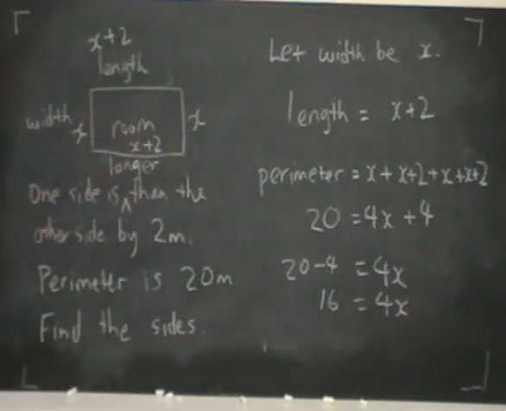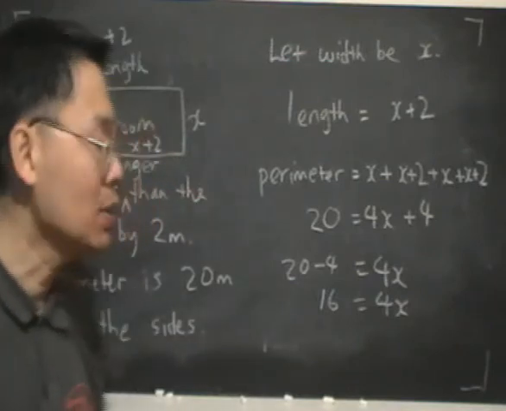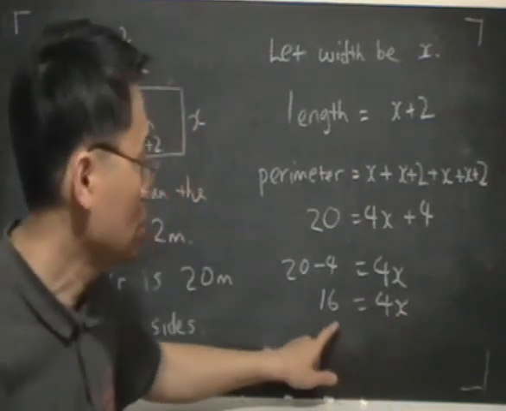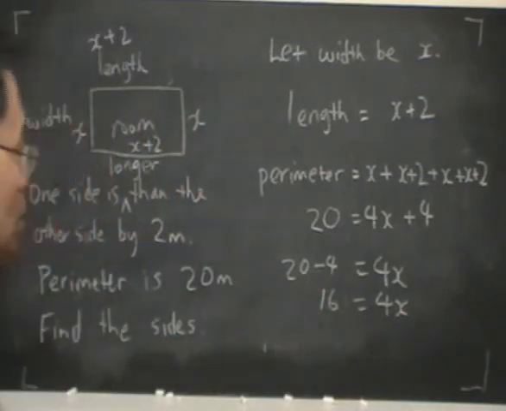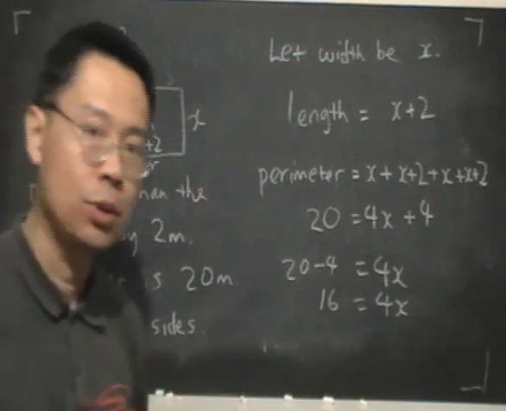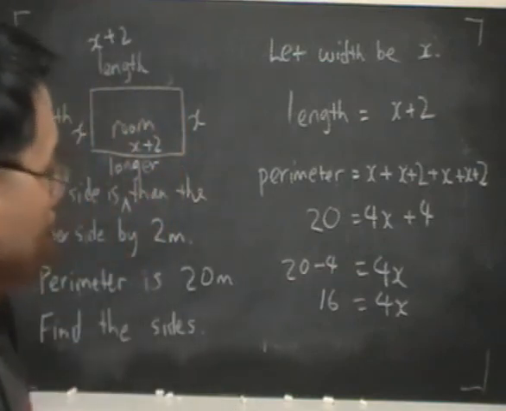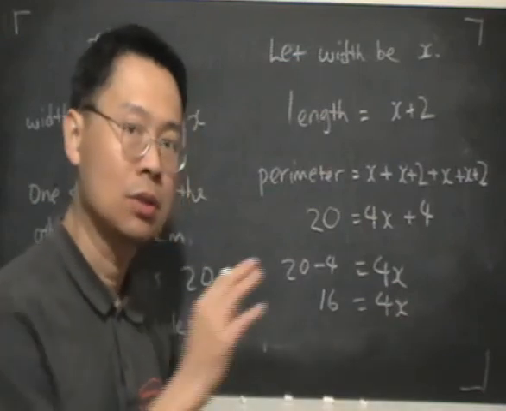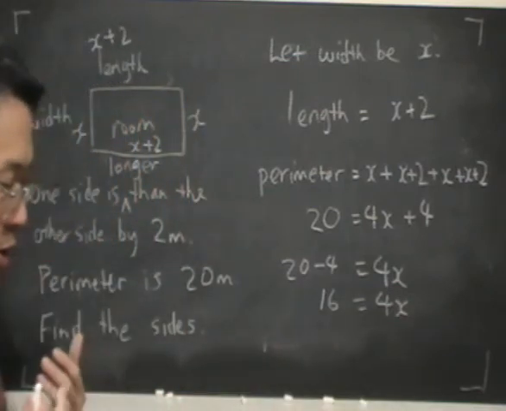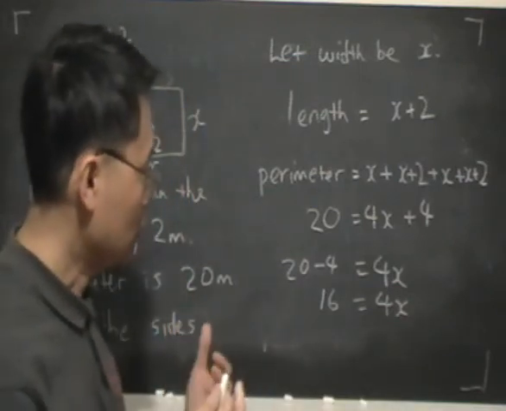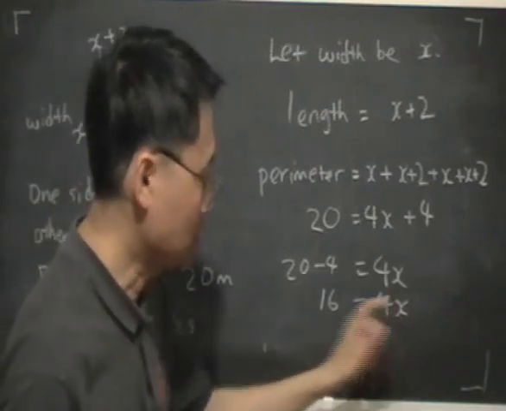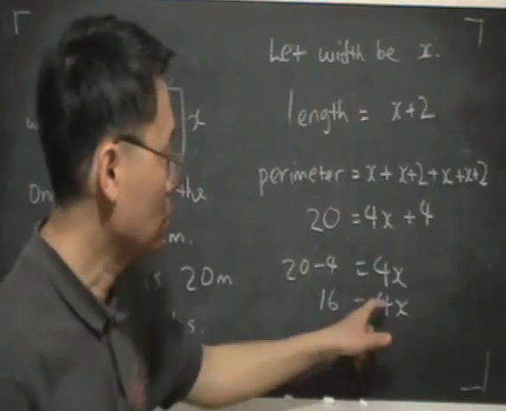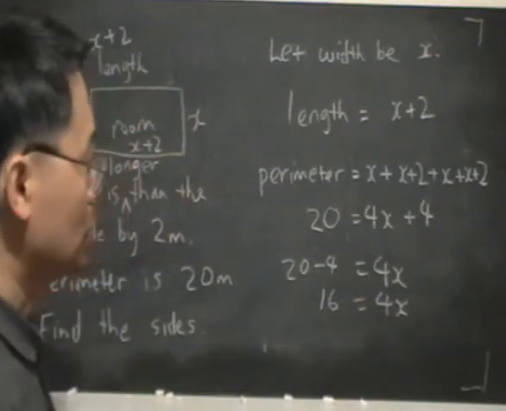Now that's definitely a lot simpler, and you might even guess that the answer is 4, because 4 times 4 is 16. So let's do it the algebra way. We have 4 times x on the right side. Since this is x times 4, we can divide by 4 to get rid of the 4. So let's do that.